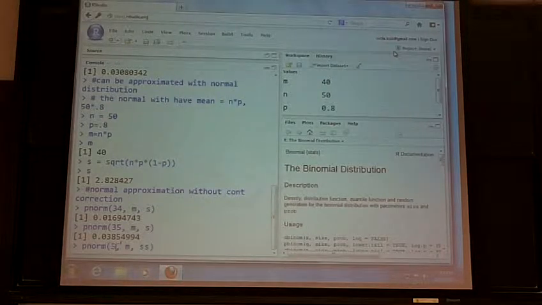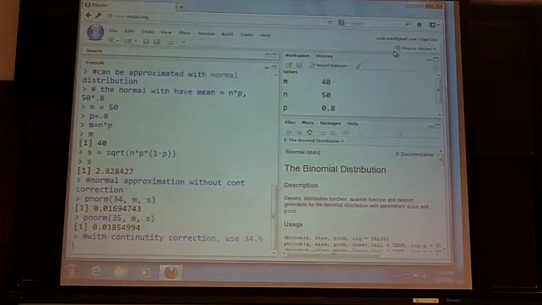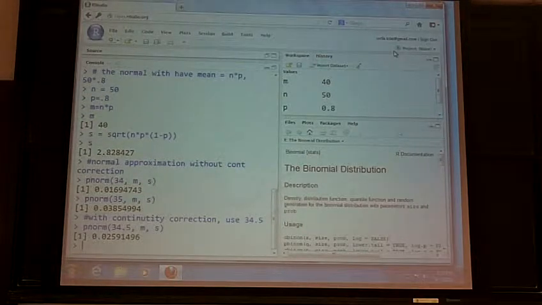And the true answer, so this is with the continuity correction, use 34.5. This is my answer. Okay, and what was pbinom?